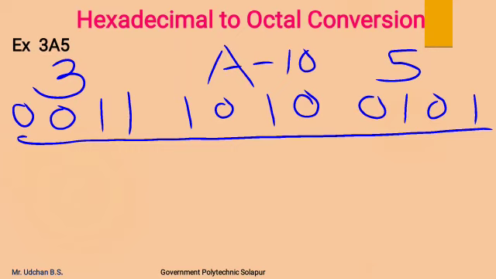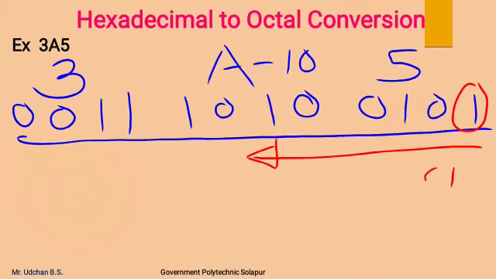Now we have to form groups of 3 bits. As 3A5 is an integer number, we will form groups of 3 bits starting from right to left. The first group of 3 bits will be 1, 0, 1.